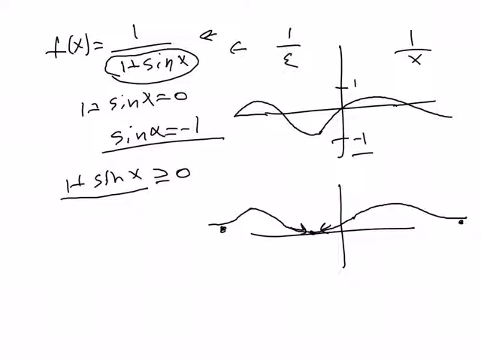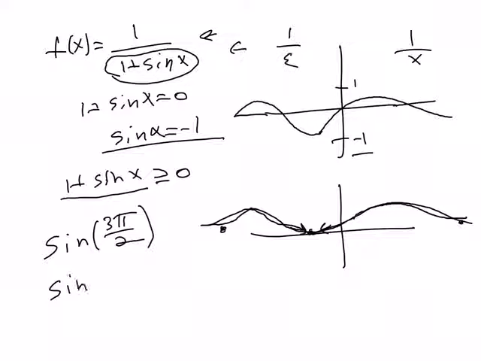So now the question is, let's think about when sine of x is equal to negative 1. One time that this happens is sine of 3 pi over 2. But sine repeats an infinite amount of times. So because it's a repeating function, there are an infinite amount of times when it equals negative 1.